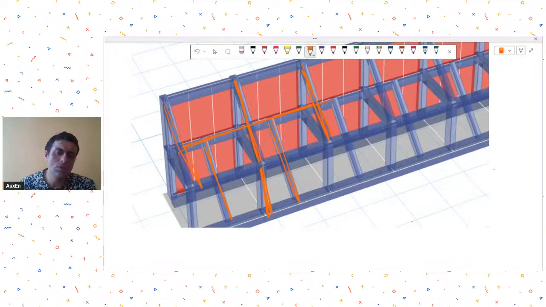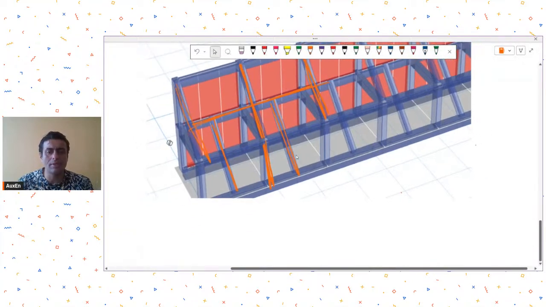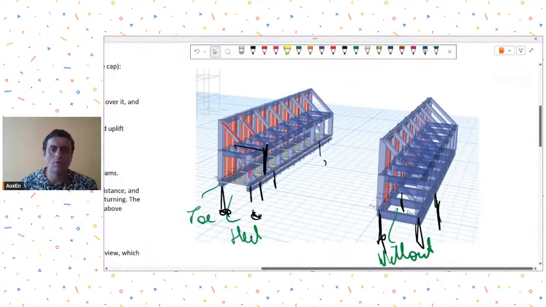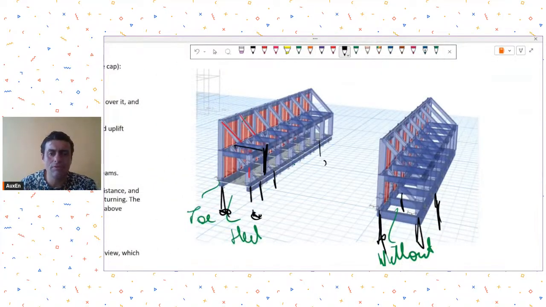So it's a sort of complex arrangement that has been done. And his question is, and he is comparing this with another system where he has not provided any toe or heel. So on your left and on your right, between 1 and 2, the only difference is that in 1, toe and heel slabs are provided, in 2, toe and heel slabs are not provided.